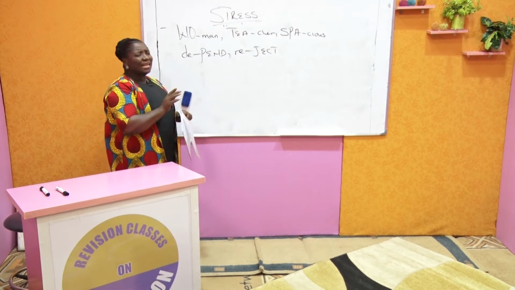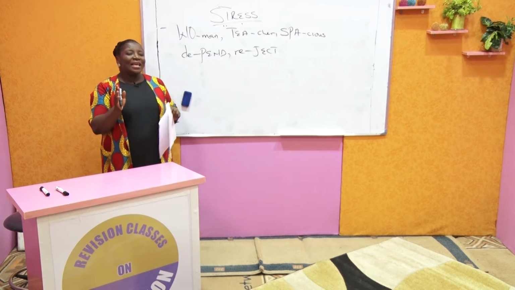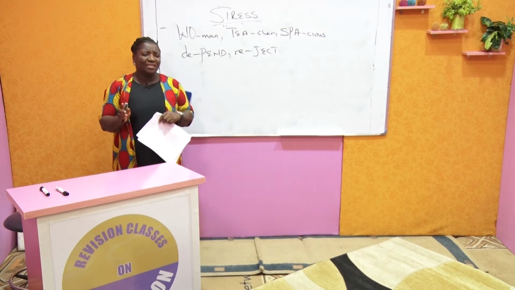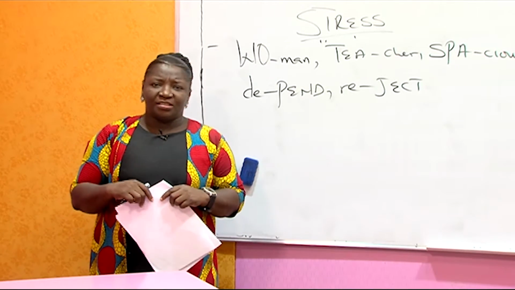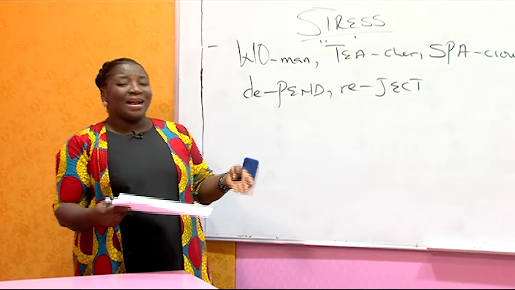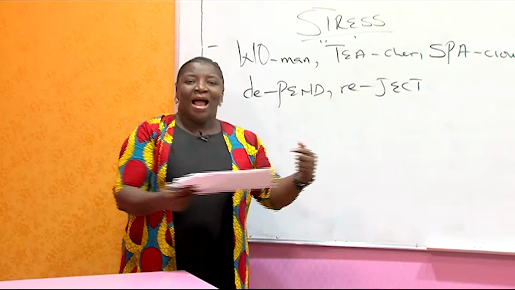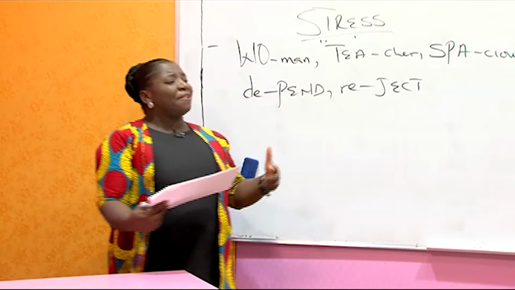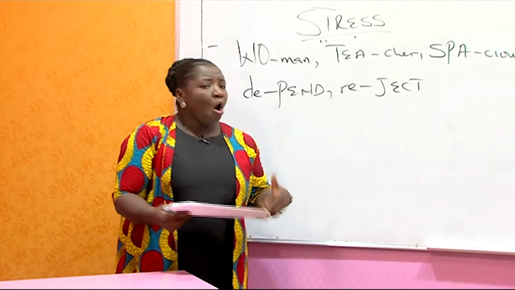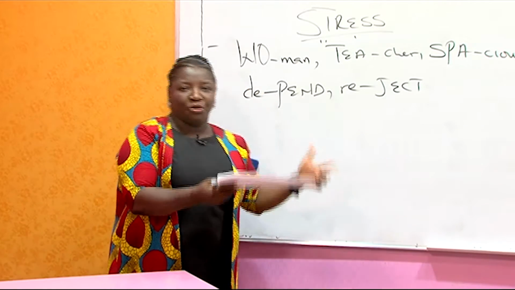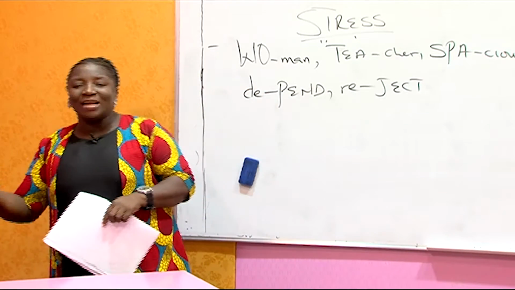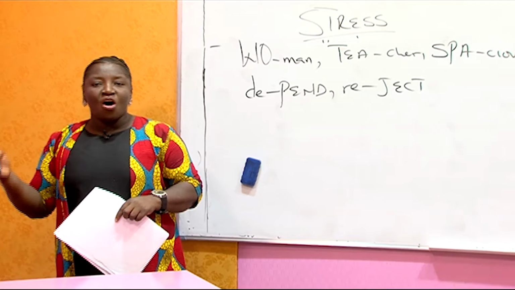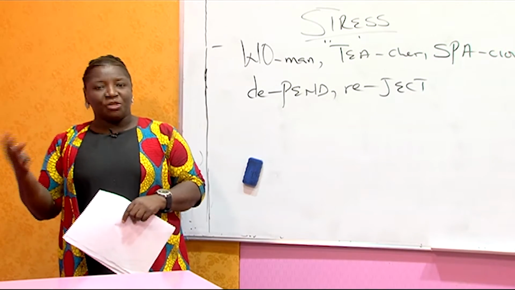There are some words in English language that actually have dual functionality. What do I mean by this? The same word can function as a noun, and it can equally function as a verb. If such word functions as a noun, automatically it's the first syllable that will be stressed, but if such word functions as a verb, it is the second syllable of the word that will be stressed.